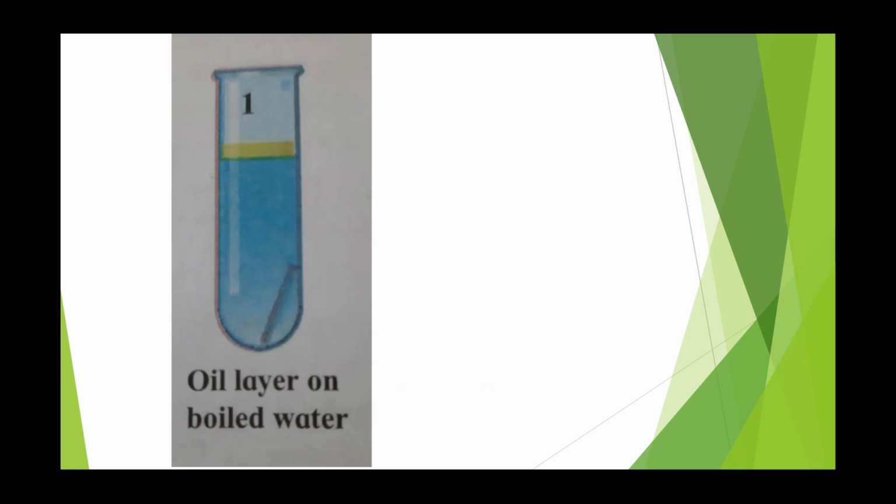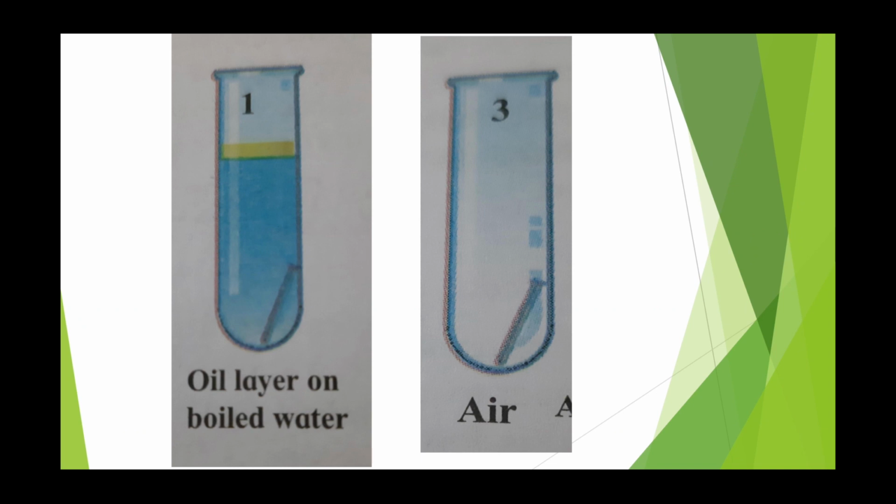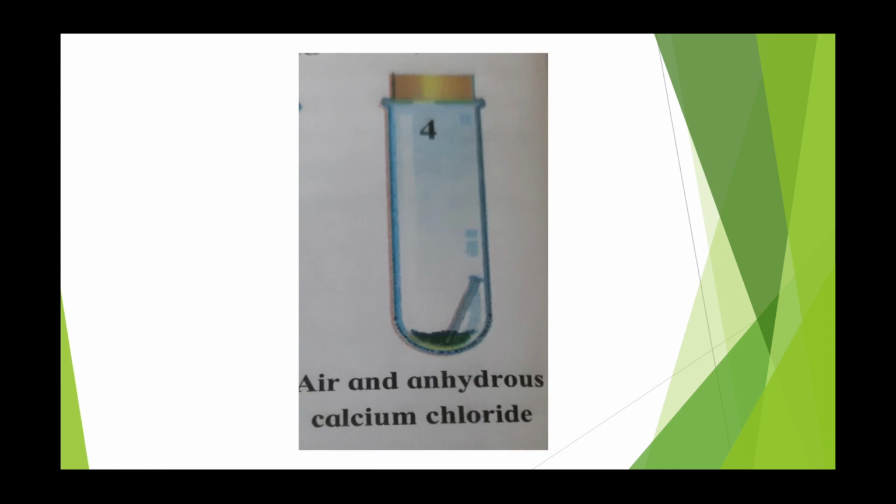In the first test tube, air is blocked by the oil layer, while in the third one, air is there but water is not. Here we can observe a slight change in the nail in both test tubes. In the fourth one, as calcium chloride is hygroscopic in nature, it absorbs moisture from the test tube.